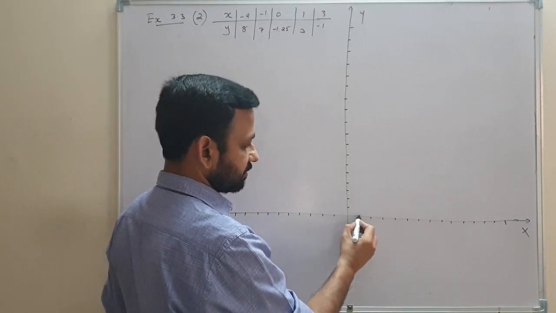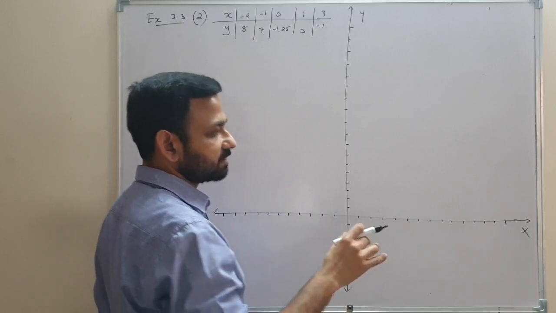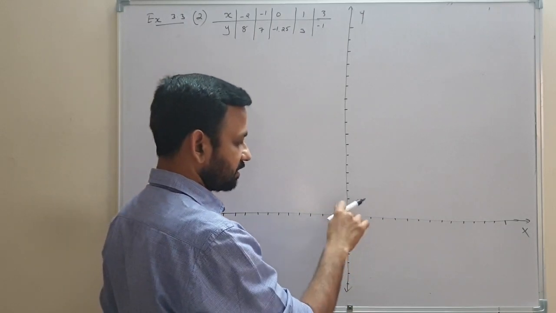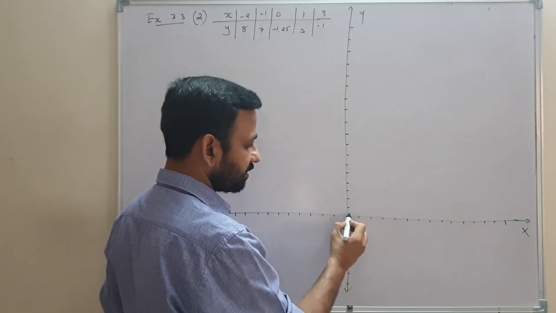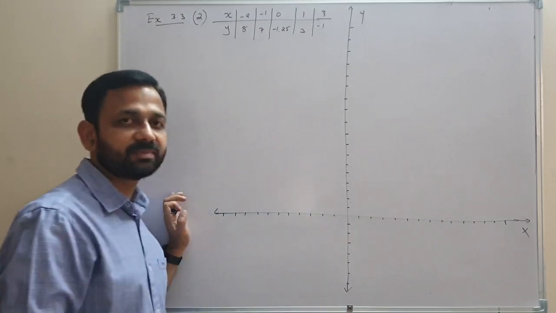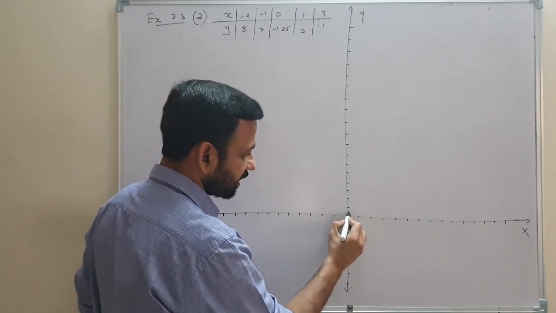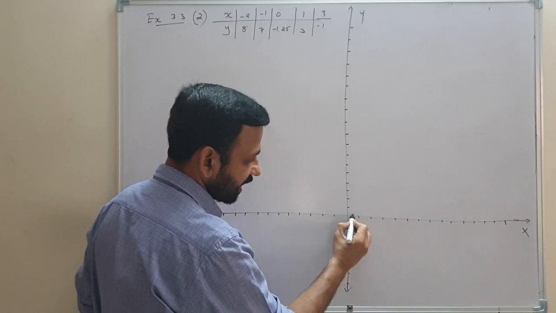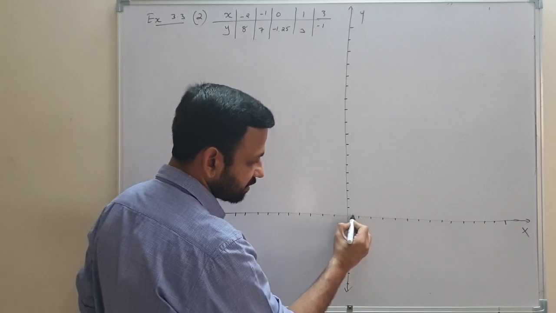In our graph sheet, we have dark lines, and in between we have 10 small lines, and the middle one is a dark line.